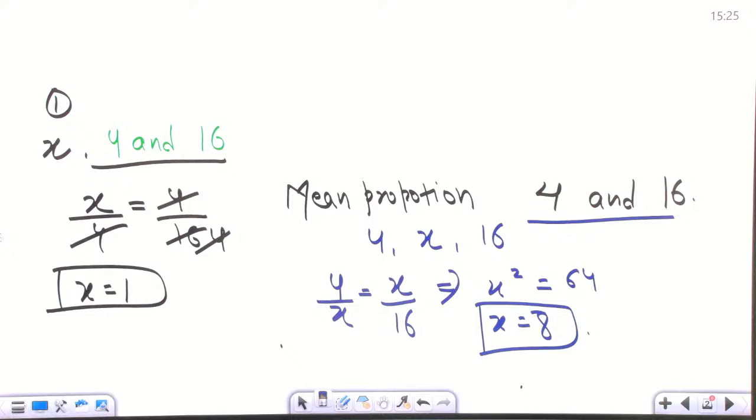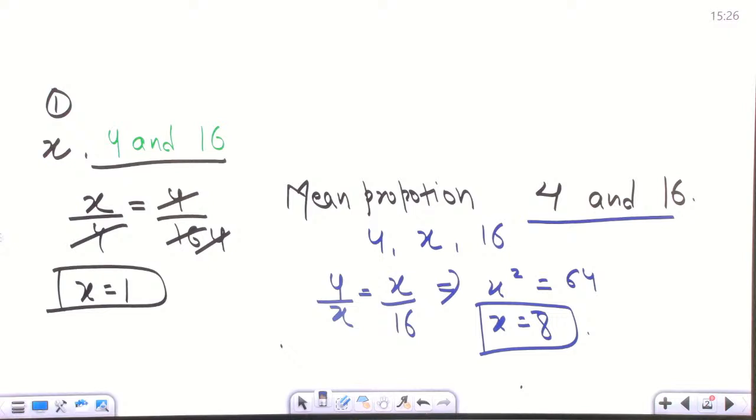In mean, first proportion, first. Wait. We have to find first. Now the position of x is first, because we have the arrangement like this. Okay? First, mean second, third.